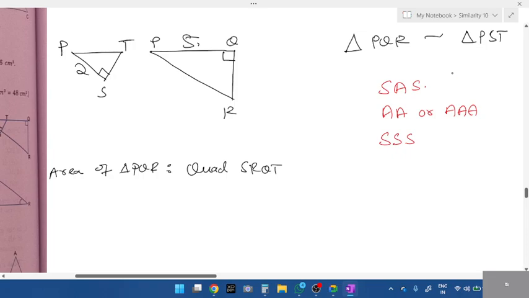3 types. First, split the diagram, students. What have they asked us to solve here? Triangle PQR is similar to what triangle? Is that PCT? Why are you getting confused now?